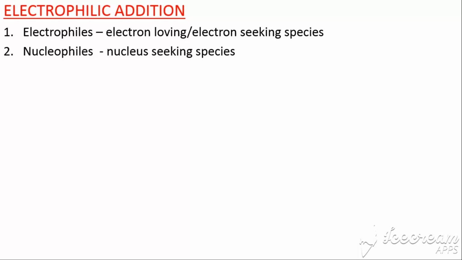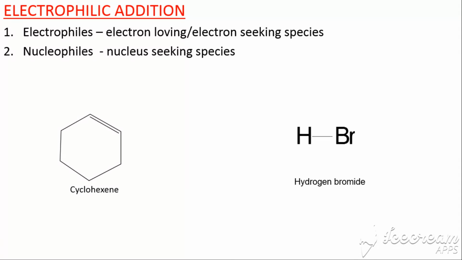So, if I bring my cyclohexene and my hydrogen bromide, which one is likely to be my nucleophile and which one is likely to be my electrophile? Since my cyclohexene is electron rich, it is likely to be my nucleophile. So my hydrogen bromide automatically becomes my electrophile.